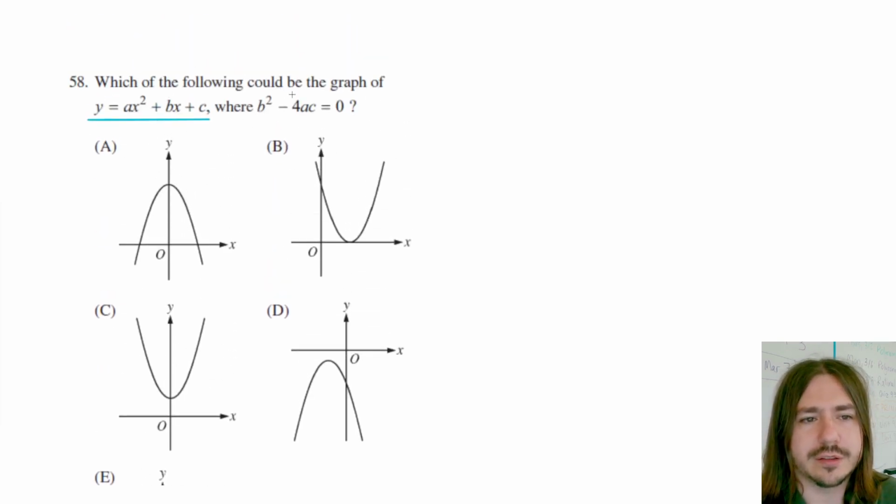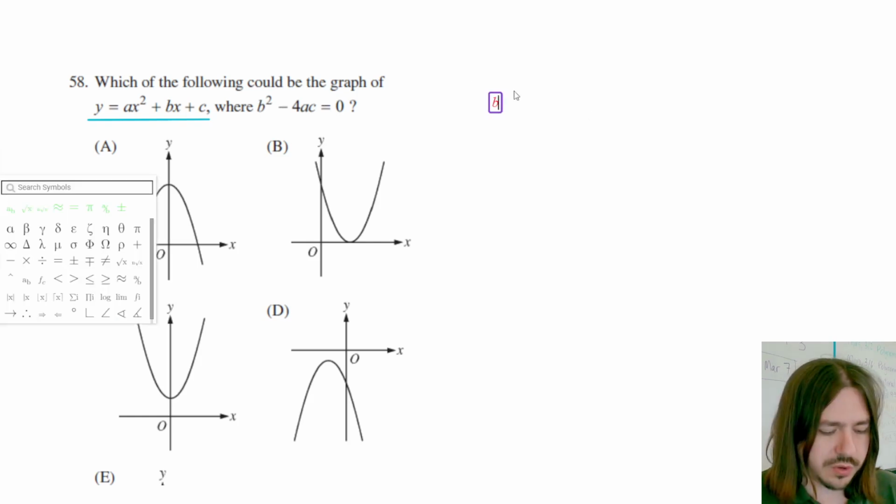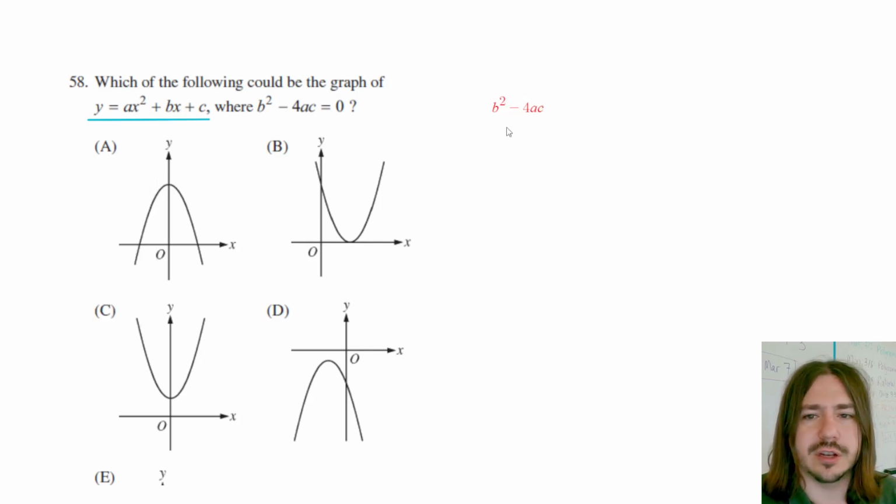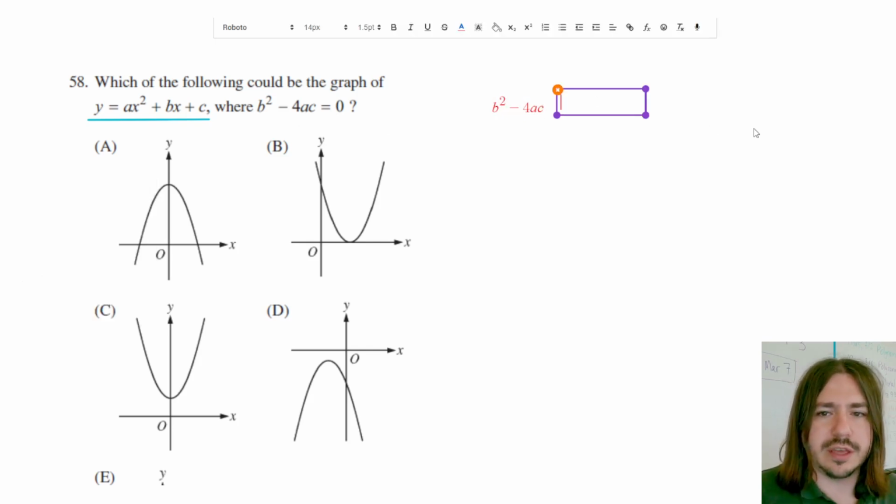And the situation here is it says that b squared minus 4ac equals 0. Okay, so what's going on with this b squared minus 4ac? Well, this expression is what we call the discriminant.